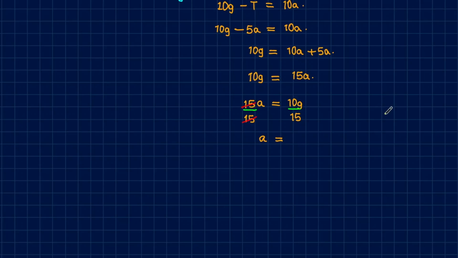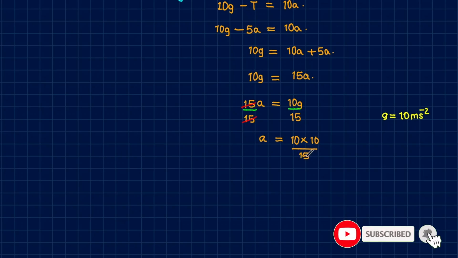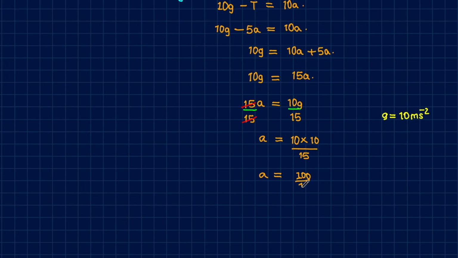Remember, the value of g was given to us as 10 meters per second per second. So putting this in to replace that, we have 10 times 10 divided by 15. When you multiply that, we get 100 over 15.